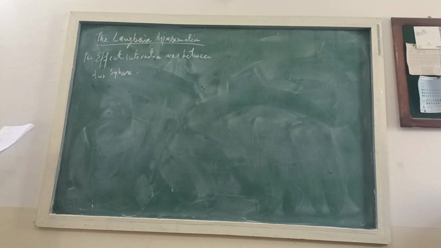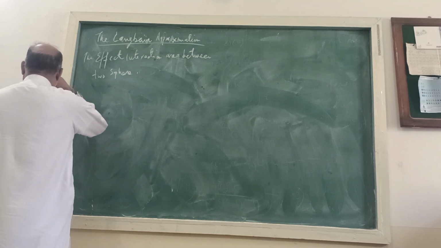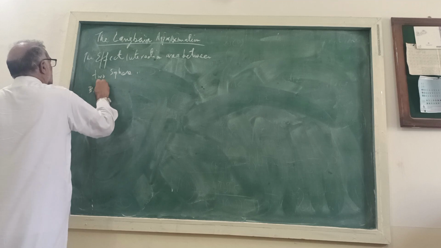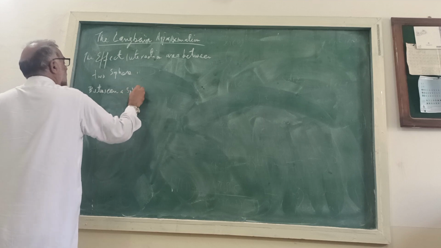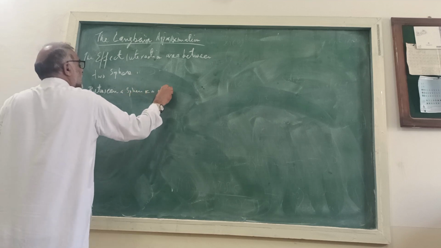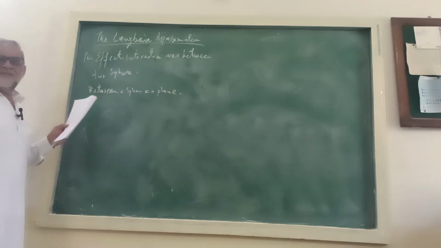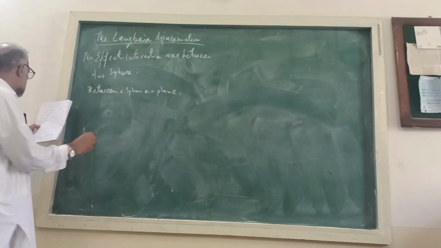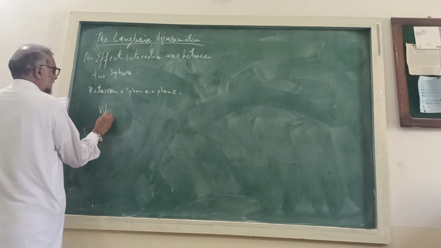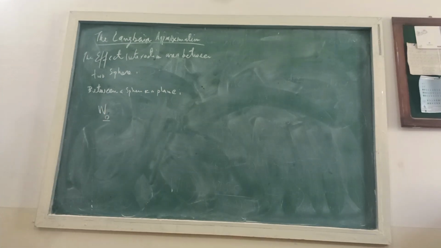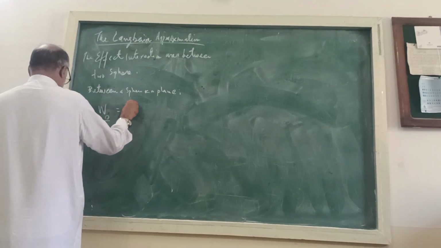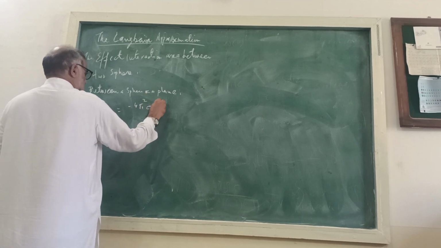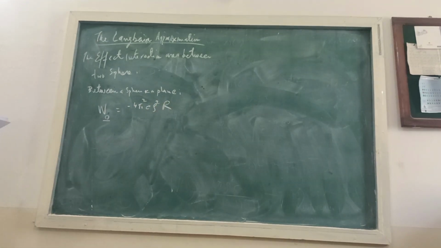We want to find that area of the disk. We know the interaction energy between a sphere and a plane, we have done this. The interaction energy between a sphere and a plane surface was equal to minus 4 pi square C rho square R over (n minus 2)(n minus 3)(n minus 4)(n minus 5) d to the power n minus 5, where R is the radius of the sphere.